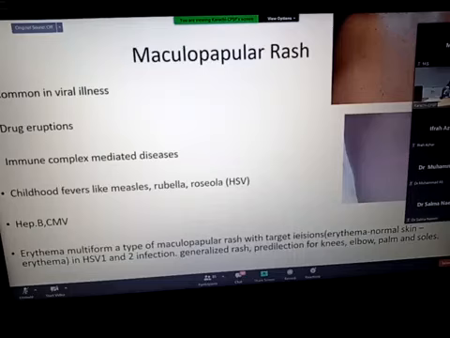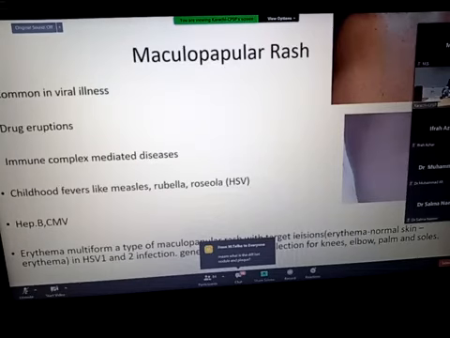Childhood fevers like measles, rubella, roseola caused by herpes virus are very good examples of maculopapular rash. Then we have other examples like CMV virus and hepatitis B virus. They can also cause this kind of lesion.